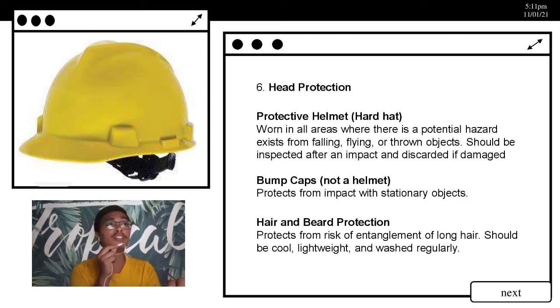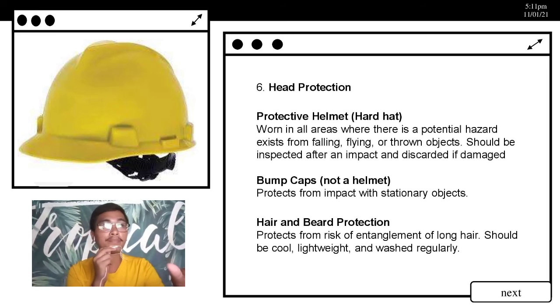So according to the Occupational Safety and Health Administration, or OSHA, a hard hat must be worn when working in areas where there is a potential for injury to the head from falling objects. In addition, a hard hat must also be worn in working areas where there is the risk of exposure to electrical conductors that can potentially contact the head.